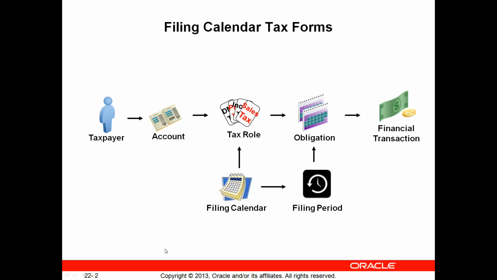The tax roll has a filing calendar and has a list of potential filing periods that you can create your filing obligation, and the obligation will be created. Of course, we also have the form type, which directly can define the filing period that is needed.